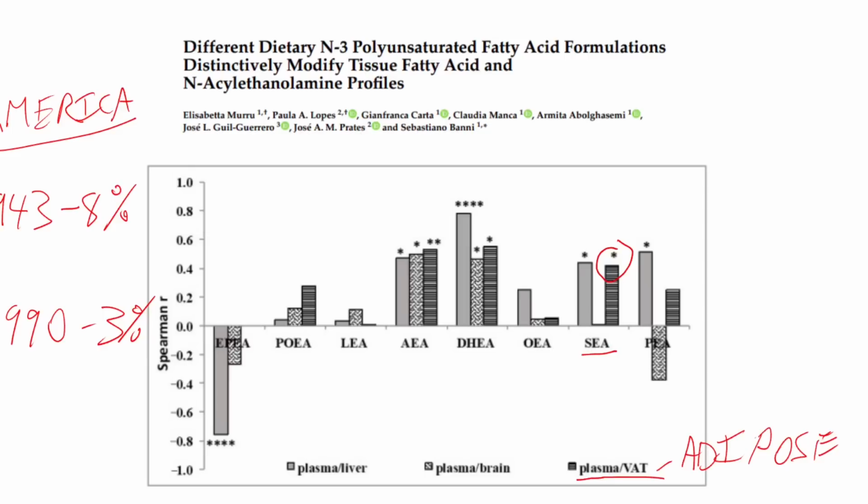There's reason to think that people in America before the obesity epidemic had higher circulating levels of SEA than they do now. But like I say, not a lot of studies have been done on these molecules, not nearly as much as you'd like. So we're speculating a bit.